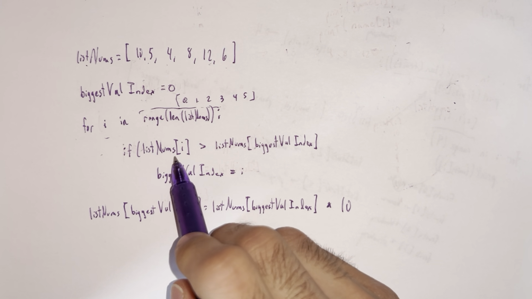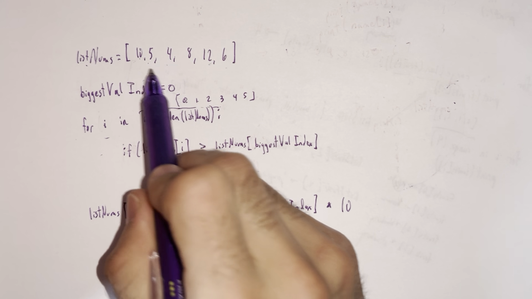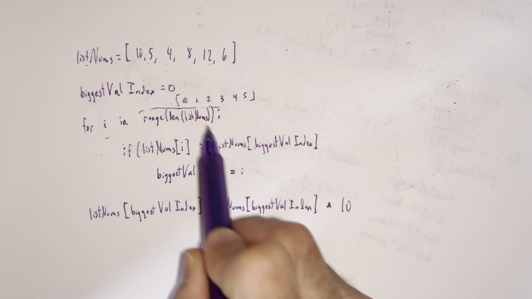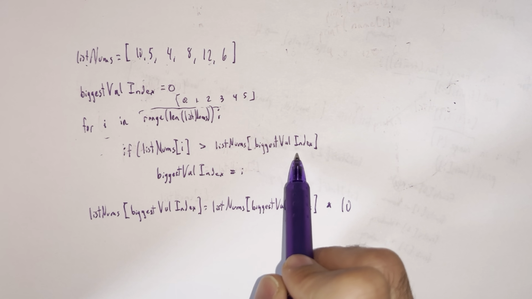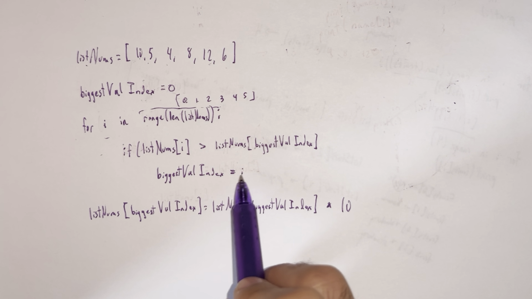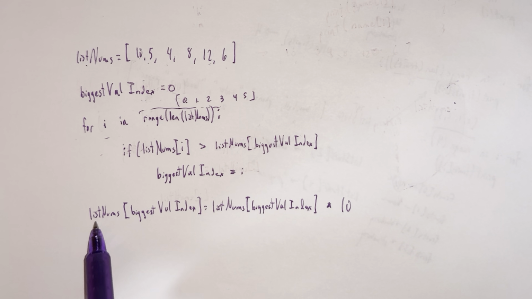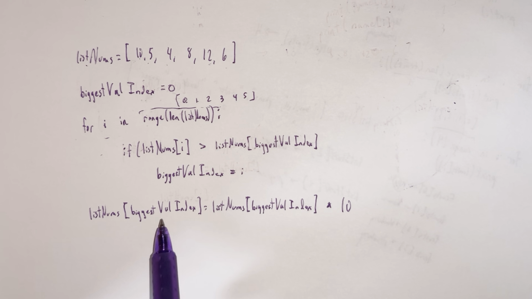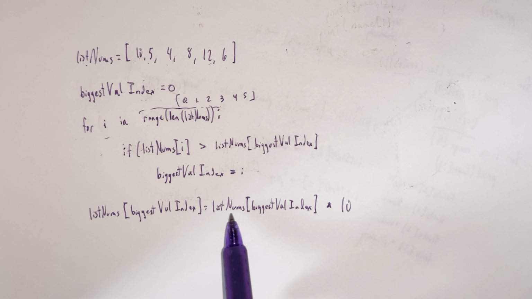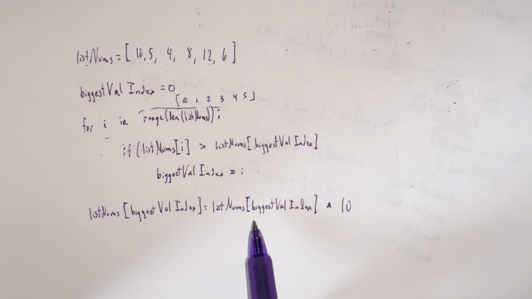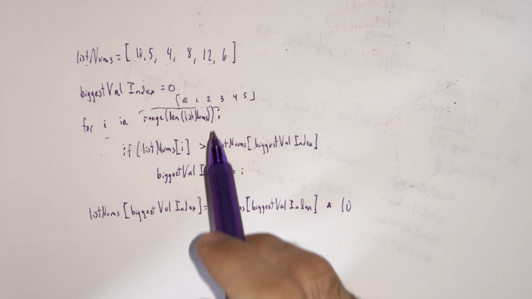And if the number at the index is greater than the number at the biggest val index currently, then the biggest val index gets changed. So after this for loop, we'll find the biggest val index, and then we're going to set list nums at the position of the biggest val equal to that number times 10. So that's what's happening, that we wanted to modify the biggest number by 10.